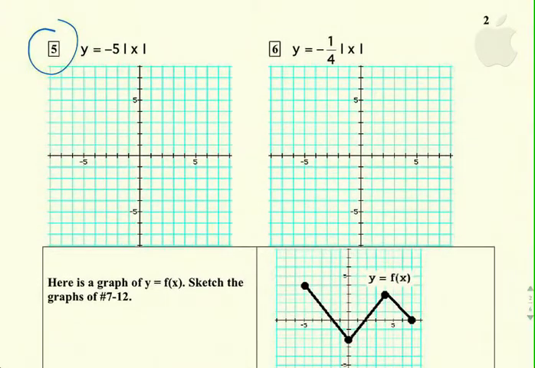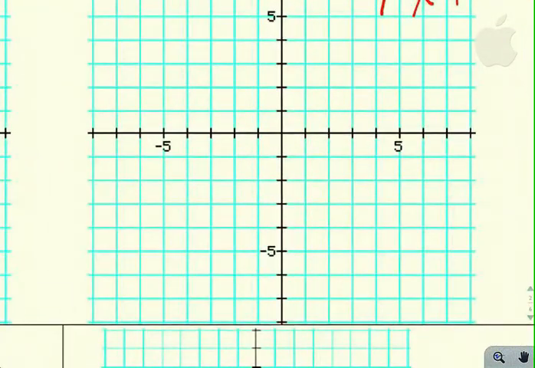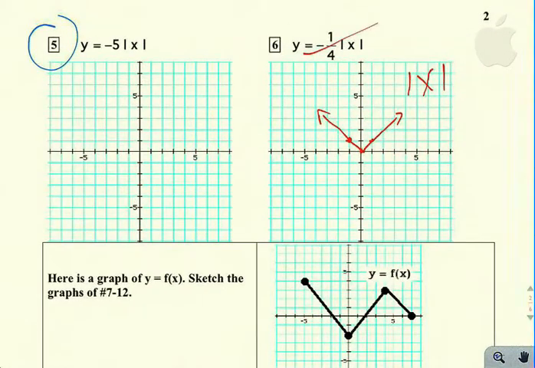Number 5. Well, again, the absolute value of x looks like this. So what's happening to that graph in number 5? Well, a couple things are happening. The y's are multiplied by 5 and negative 1. Well, you can say just by negative 5.